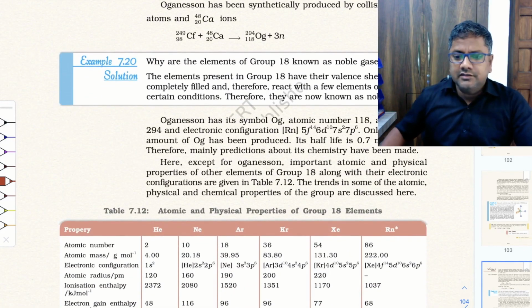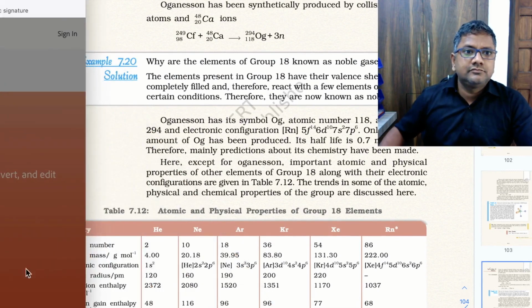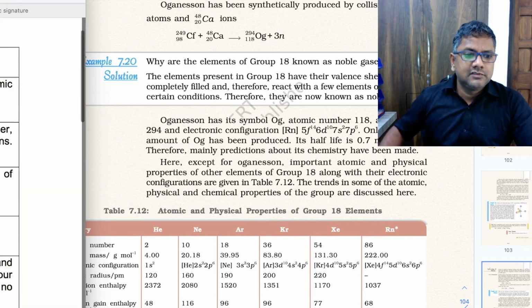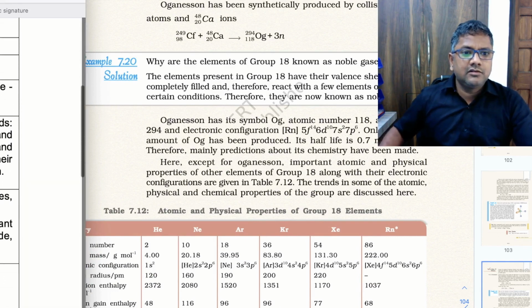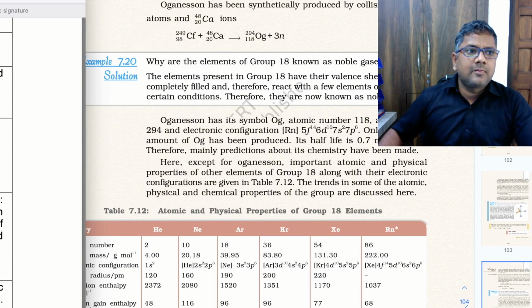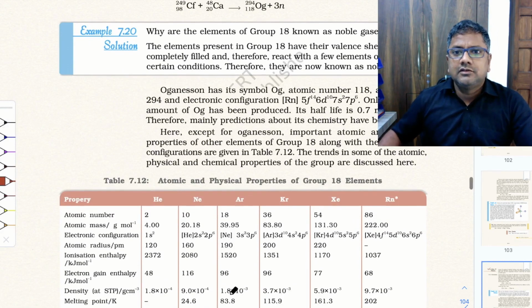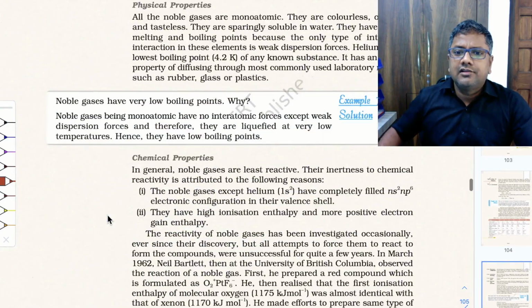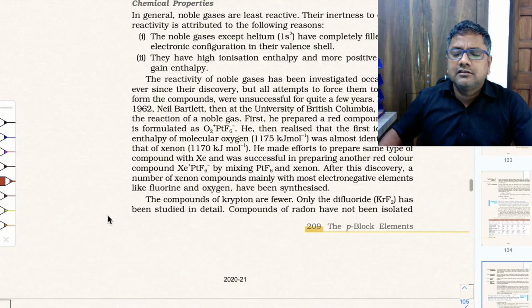So you can see that in the P block, group 18, occurrence is there, all these things are there.